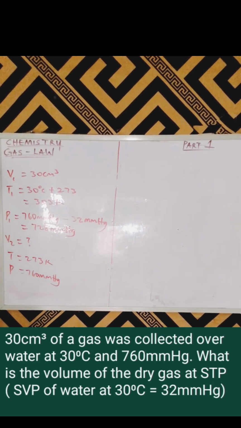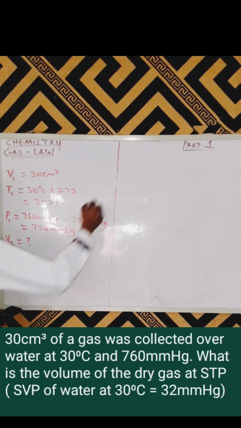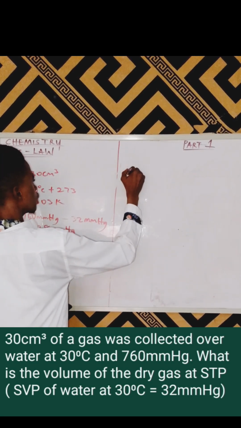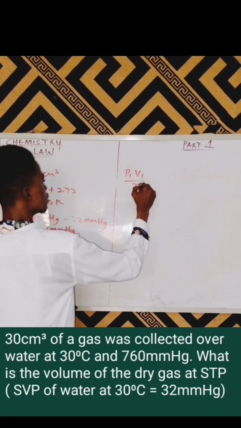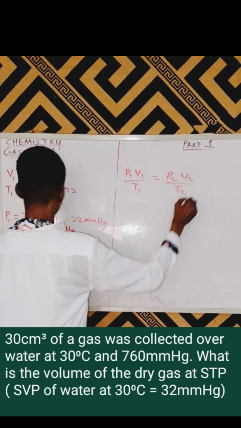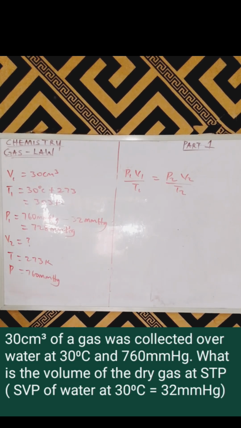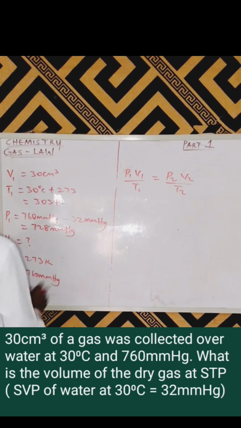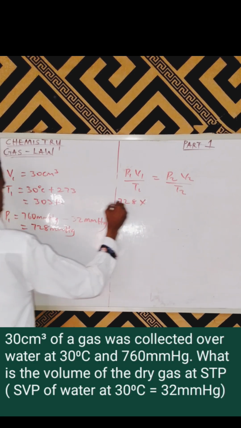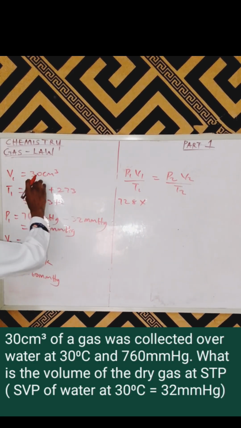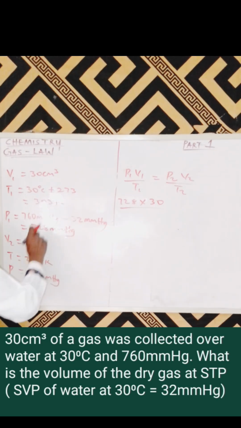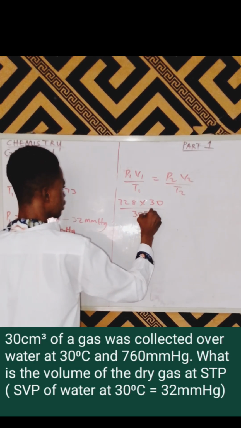So I'm going to use the formula P1 V1 over T1 equals P2 V2 over T2. Very simple. So now I'm going to have P1 is 728 times V1 is 30 over T1 is 303.